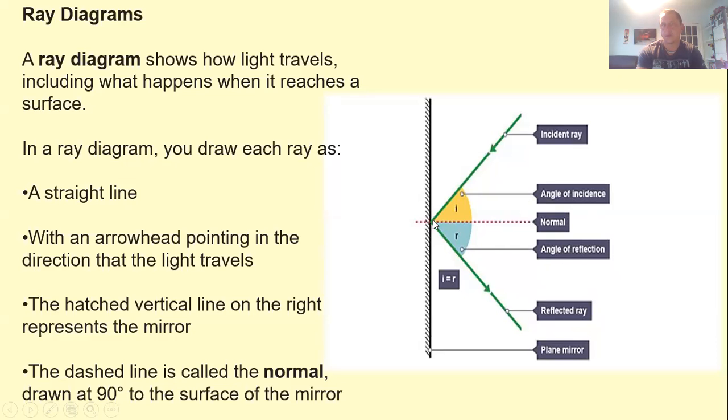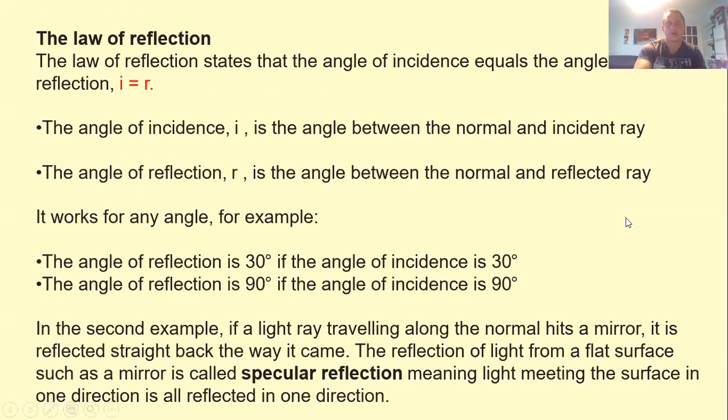Yeah, it would bounce back and go straight back to where it had come from. So, the reflection of light from a flat surface in this instance, such as a mirror, is called specular reflection. This basically just means that all of the light is reflected back in the direction that it came from, in one direction. It isn't spread out at all.